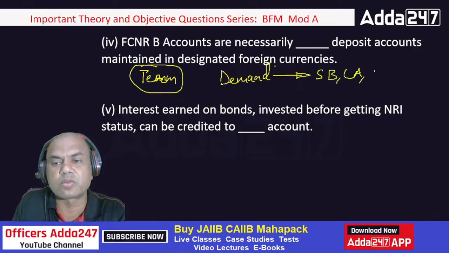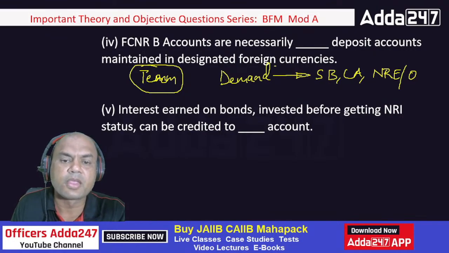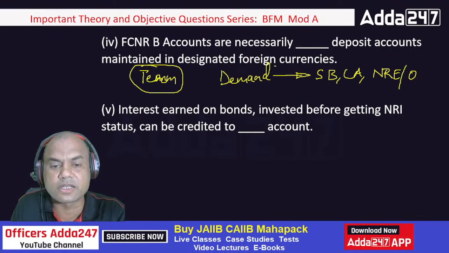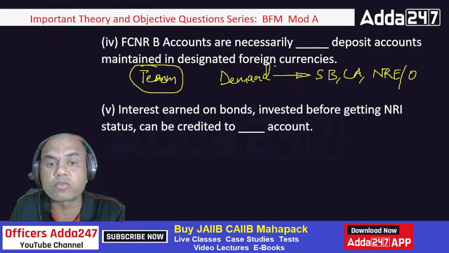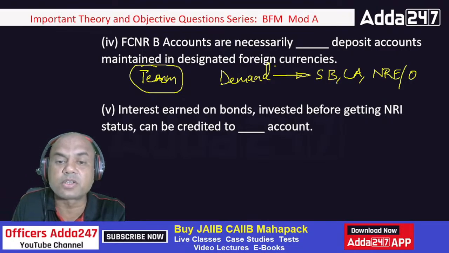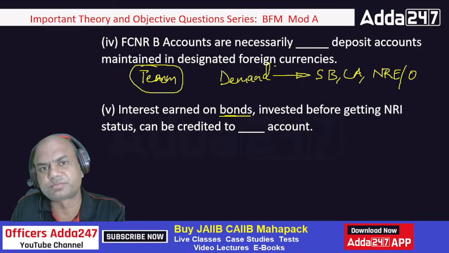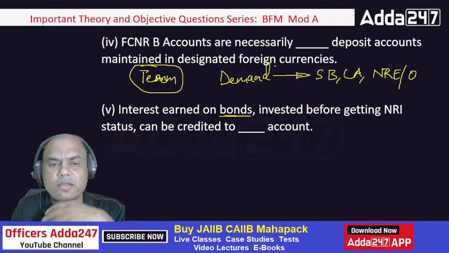Even NRE, NRO. Interest earned on bonds invested before getting NRI status can be credited to what? Suppose I am an Indian person right now and I've invested in bonds. Then I go to the US and start working there, so I become an NRI.